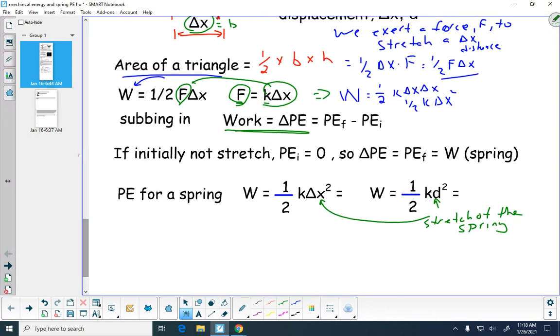Once again, these are things that you should add to your sheet. Hopefully you have work is equal to delta PE or delta KE.